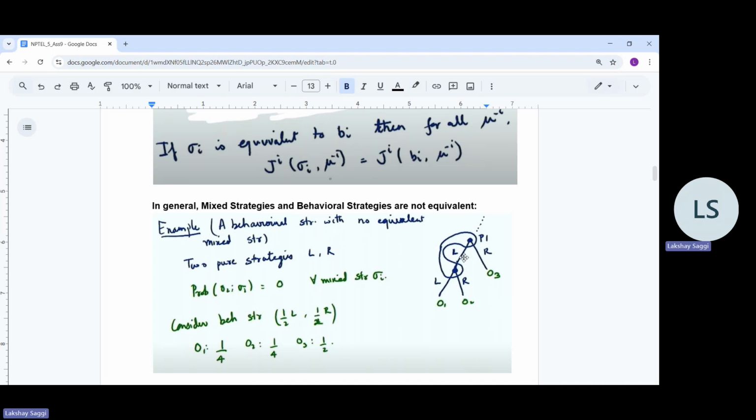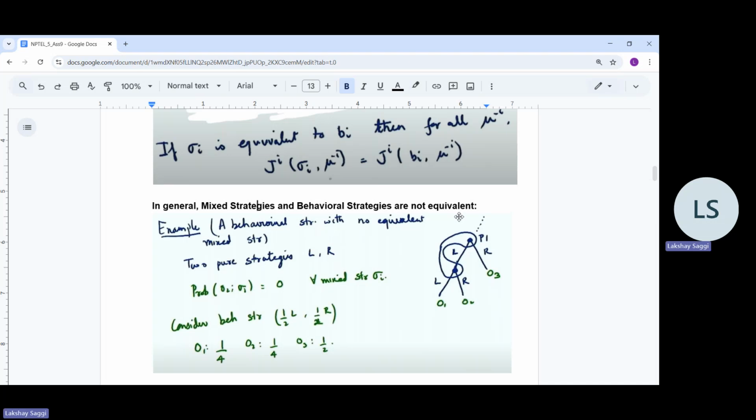Suppose this is the game tree, and let's suppose P1 is the start node, and at the second step also P1 is the player itself, and both of these nodes are in the same information set. What does this mean?